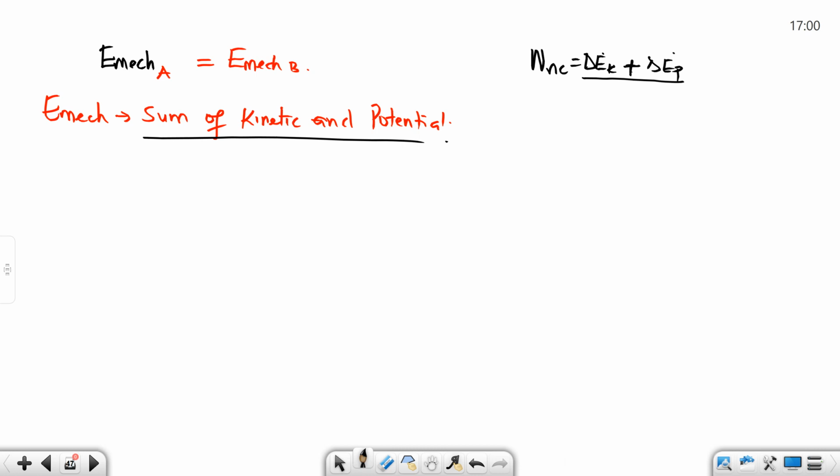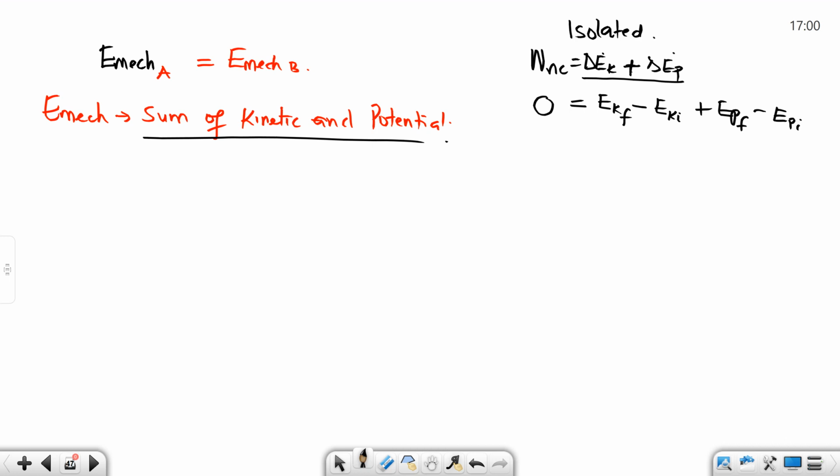Because I can prove it. Check this. Since it's an isolated system, the work done by non-conservative forces is 0. This is change in kinetic energy, which simply means final kinetic minus initial kinetic, plus final potential minus initial potential.